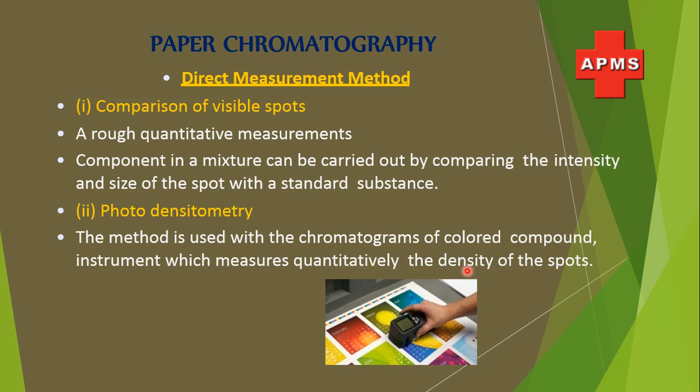The spots which are present on our filter paper or stationary phase, the spot density over these pores of filter paper, this densitometry measures the quantity of that sample. So its name is densitometry, meaning it measures the density of that sample component on the spot.